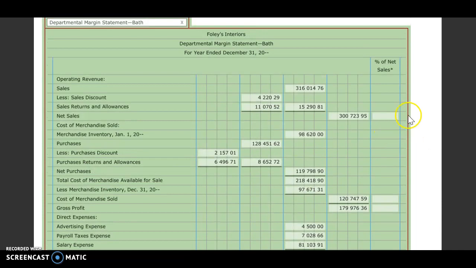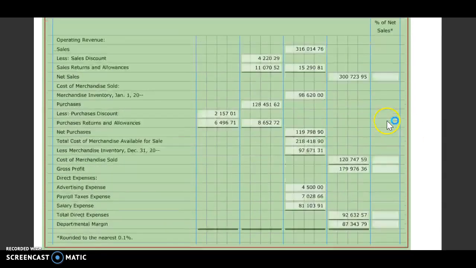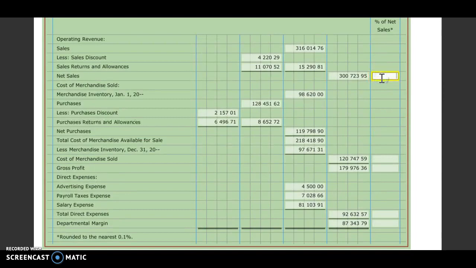Okay, step number 2 then is figuring out our percentages. So remember, we're always going to put net sales as the bottom number. So here we're taking net sales divided by net sales. We're simply going to get 100.0%. Next, we'll take our cost of merchandise sold divided by net sales. We should get 40.2. Then we are going to take our gross profit divided by our net sales.